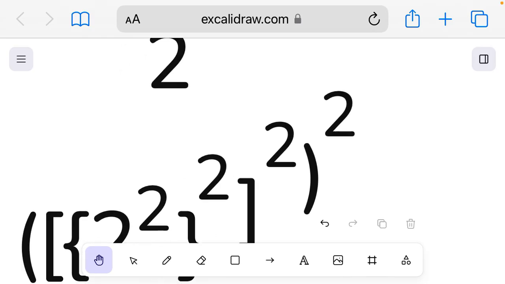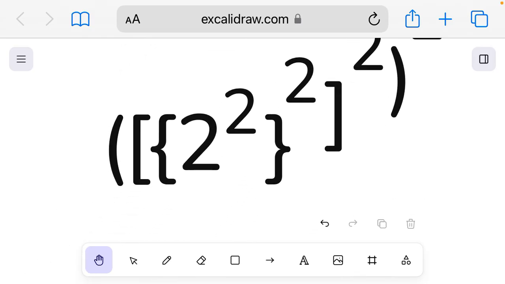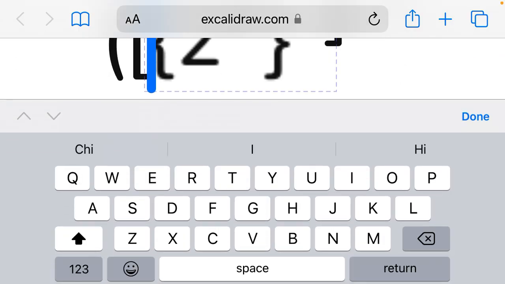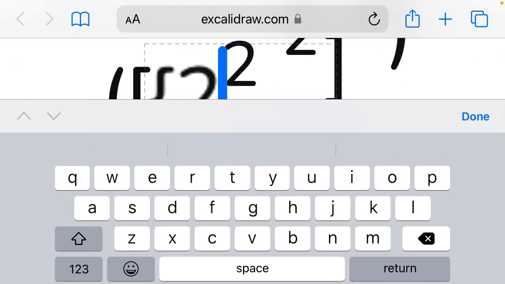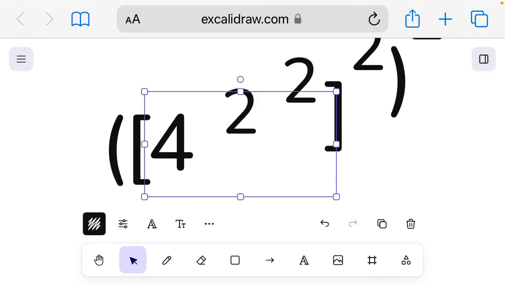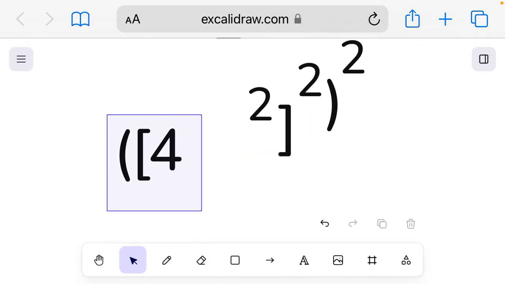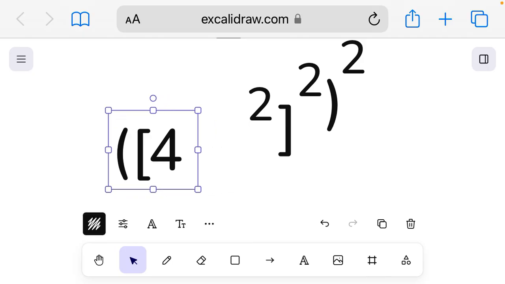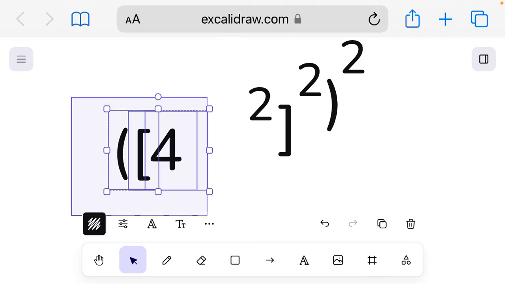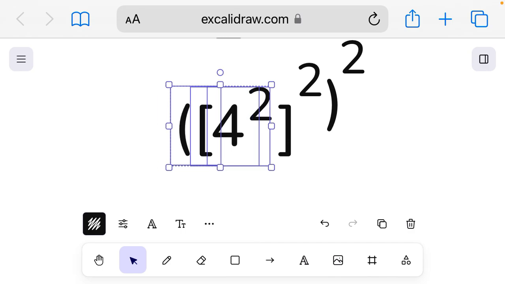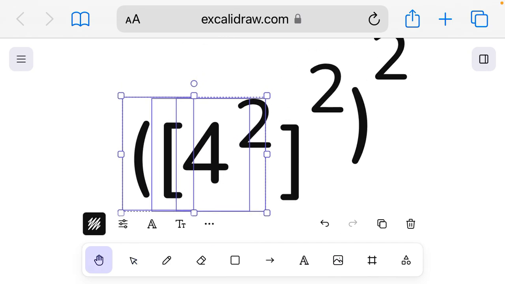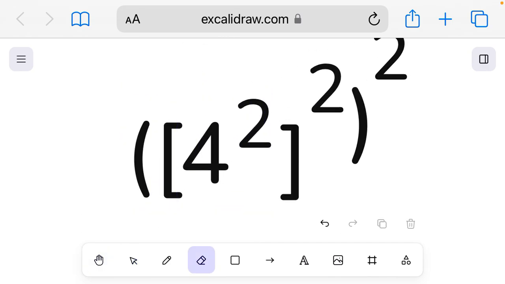But anyway, if you want to do this, you have to start from the innermost bracket, which is 2 squared. So 2 squared is 4. And then we have 4 squared now. 4 squared is 16.